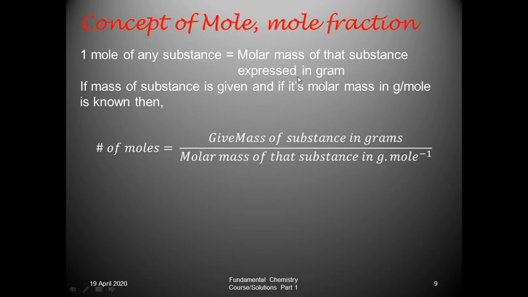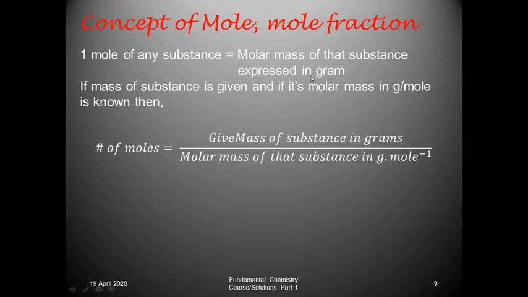For example, 16 gram of oxygen gas. The atomic mass of oxygen is 16 and the molar mass of oxygen is 32, because oxygen is a diatomic gas. There are 2 atoms of oxygen, and one oxygen atom is 16, so you have to double it, giving 32.